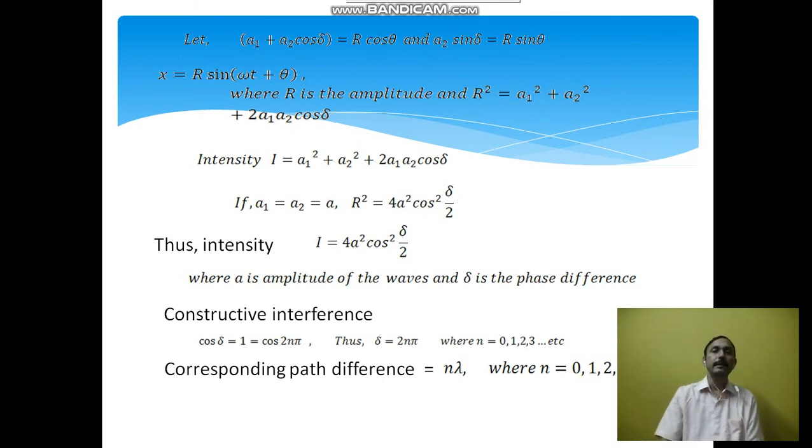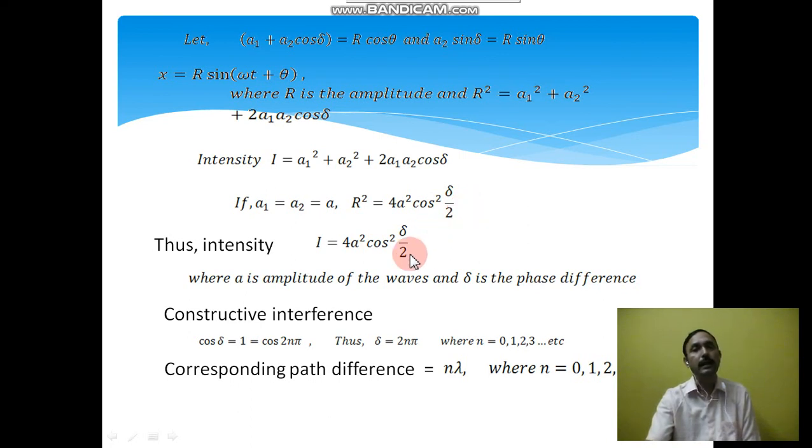Now intensity is the square of the amplitude. Intensity is directly proportional to the square of the amplitude. So we can write I is proportional to R square. So if the constant is 1, we can write I is equal to A1 square plus A2 square plus 2 A1 A2 cos delta. If A1 is equal to A2 is equal to A, say, then we can write R square is equal to 4A square cos square delta by 2.